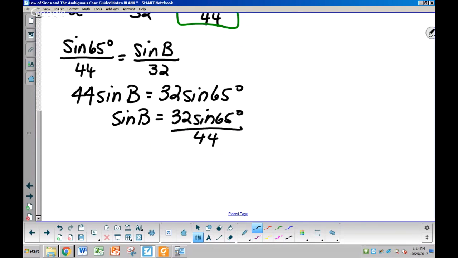So can somebody tell me what this number is on the right? Just what this fraction is. Like 0.659. That's nice. It's not bigger than 1, is it? So that's good news. So the sine is positive in what two quadrants? 1 and 2. All right. So we need to find alpha.